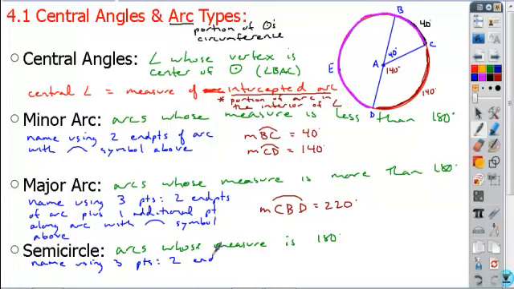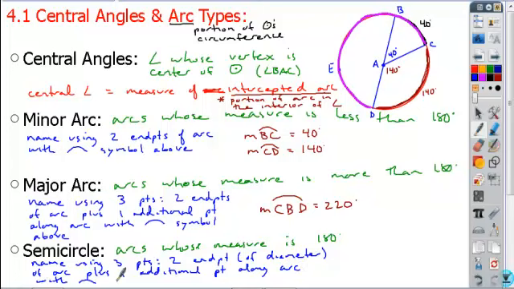Once again, the two endpoints, which wind up being the endpoints of the diameter, plus one additional point along the arc. And you still have the arc symbol above it.